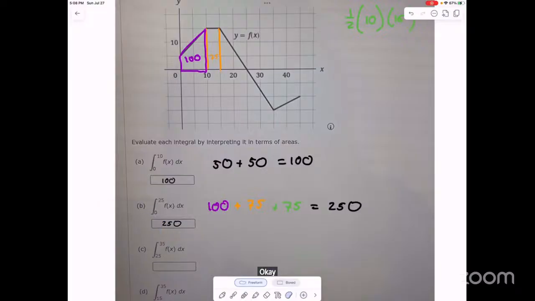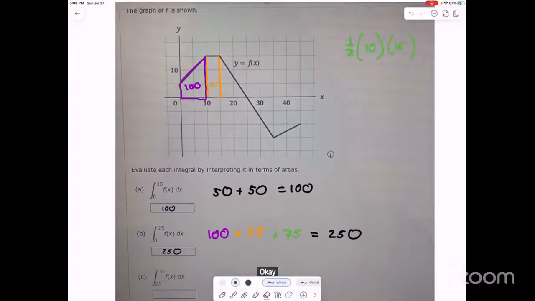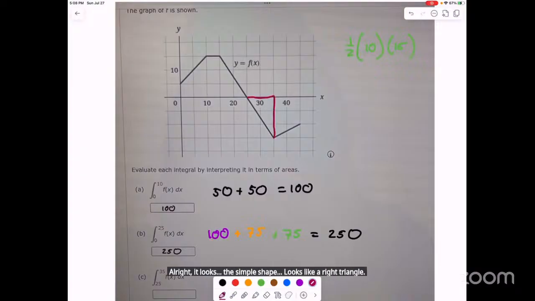Okay. Let's keep going. So now it asks us to find the area under the curve as x goes from 25 to 35. Let me get rid of my notes here, 25 to 35. So just like this region, this simple shape looks like a right triangle. 1/2 the base times the height, so 1/2. The base, that distance is 10.